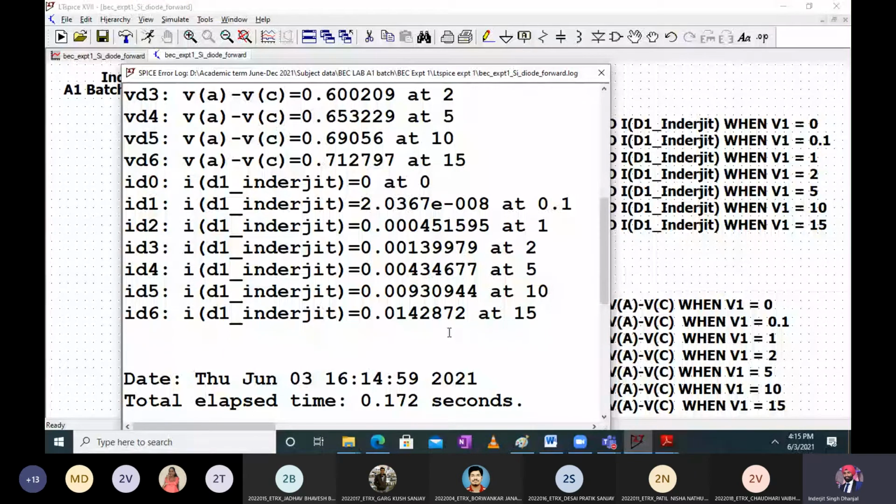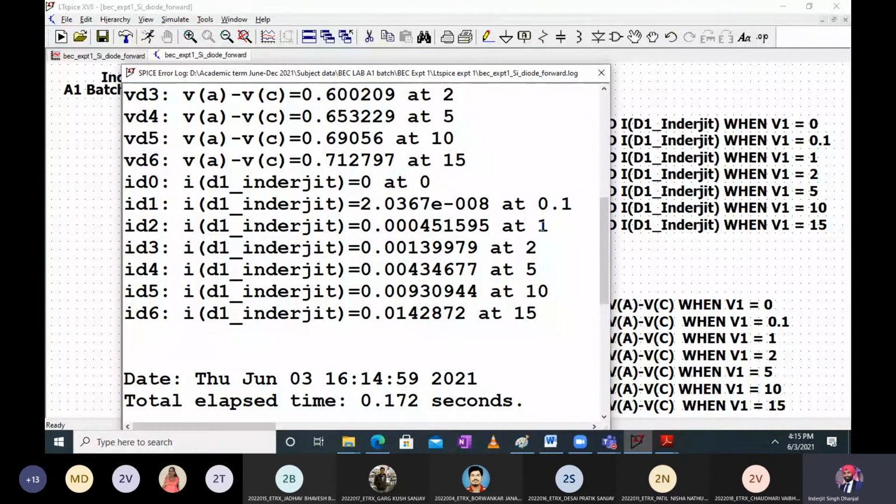Okay, so at supply voltage 0, my current is 0. At supply voltage 0.1, my current is 2.08 times 10 to the power minus 8. Then at around 1 volt, I am getting a current of 0.000451595.